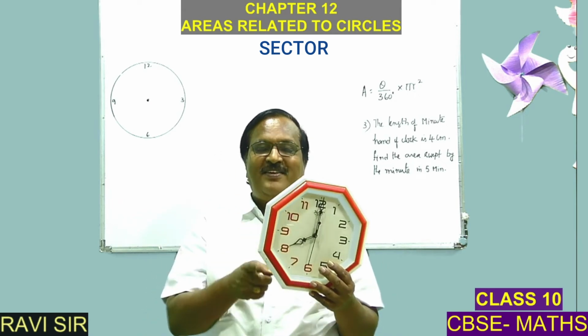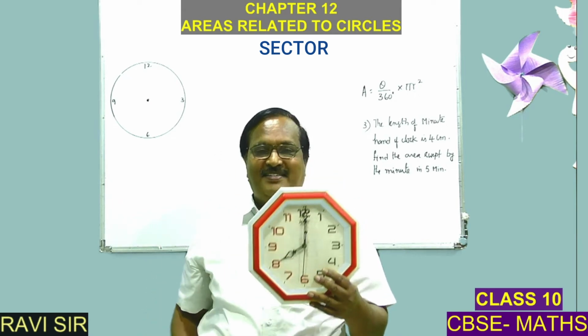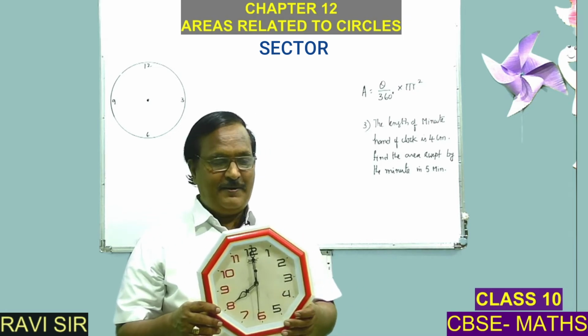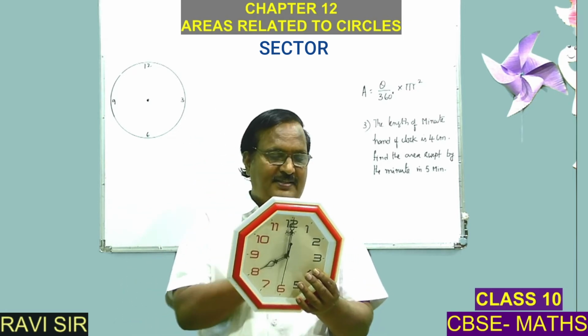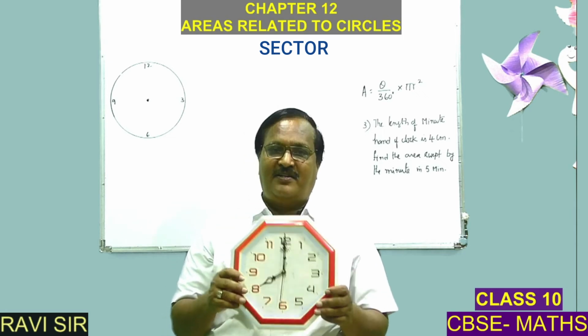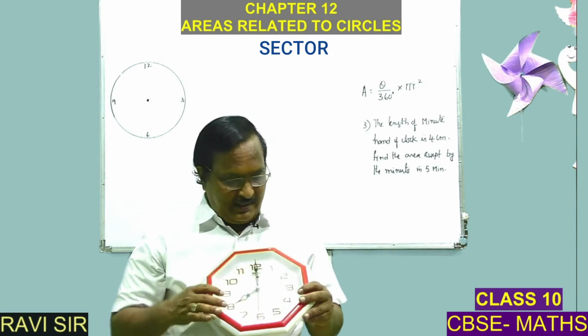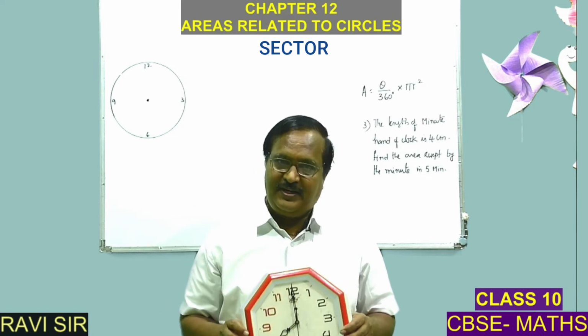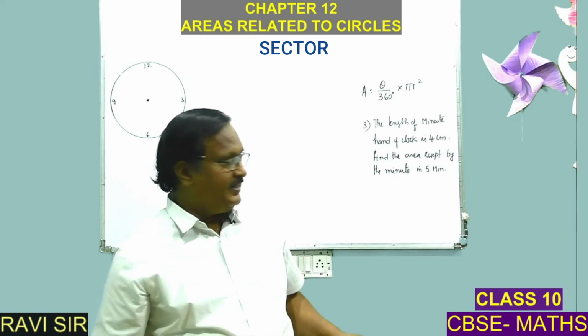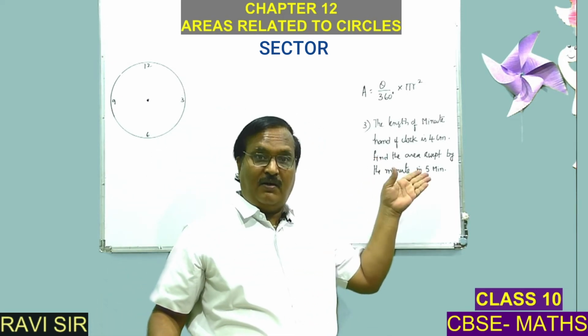The shape is hexagonal, or octagonal? 1 2 3 4 5 6 7 8, octagonal shape. But inside all the numbers are in the circular only.